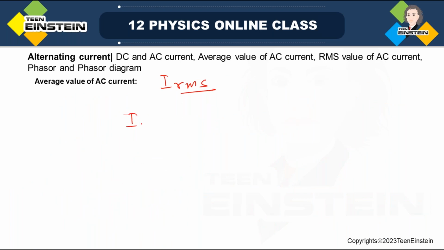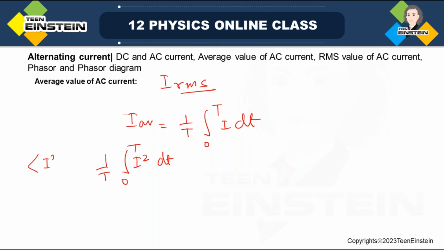We had written the time average as 1 over T over a full cycle, 0 to T. So when I write 1 over T, integration of I square dt from 0 to T, this means the average of I square in a full cycle.